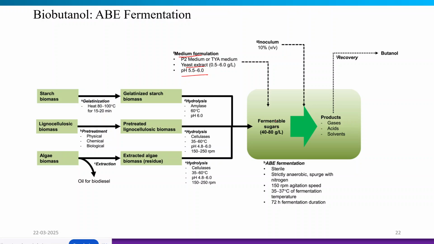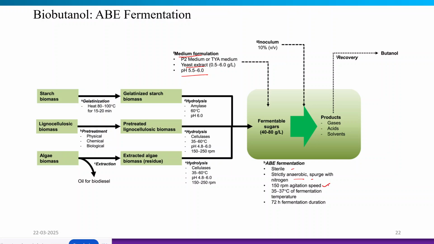Here, for the fermentable sugar, we maintain sterile, perfectly anaerobic conditions with nitrogen in the atmosphere, and 150 rpm agitation speed.